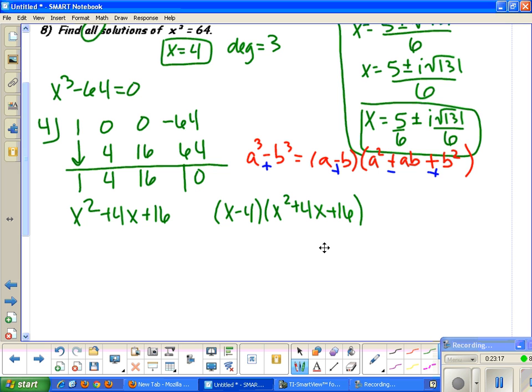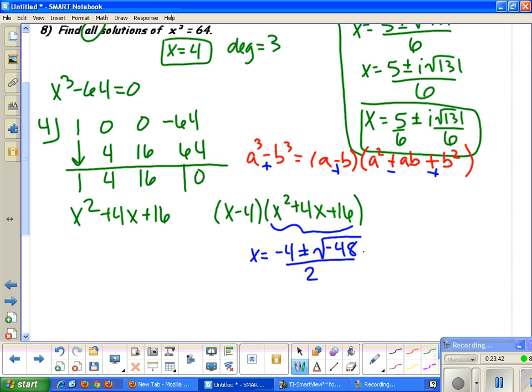So in order to finish this, we would have to use the quadratic formula on the rest of this equation. So when you do that, you get x is equal to negative b. So our a is 1, b is 4, and c is 16. So negative 4 plus or minus the square root of, and when you do all that, you get the square root of negative 48 all over 2.